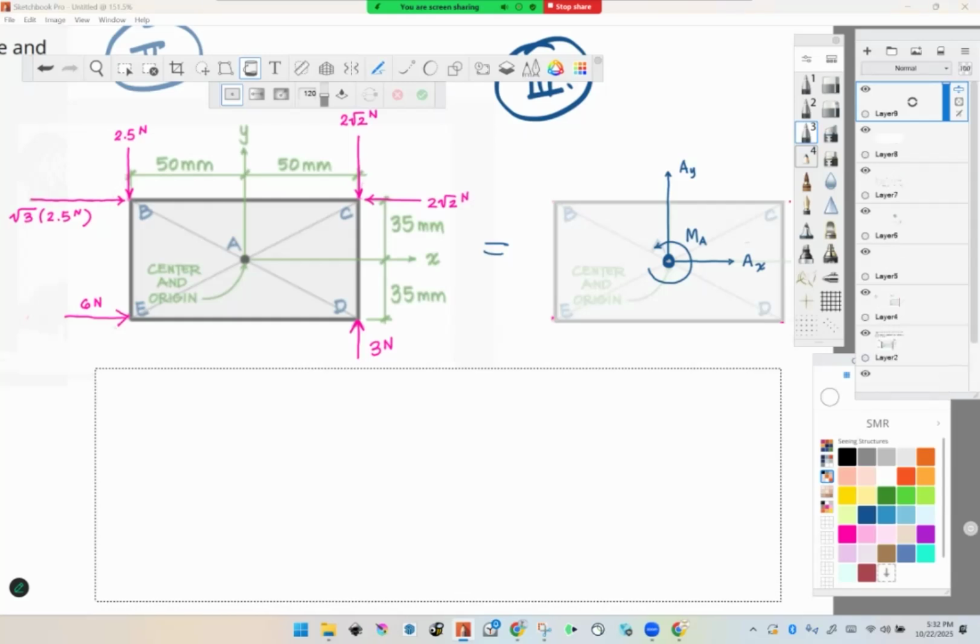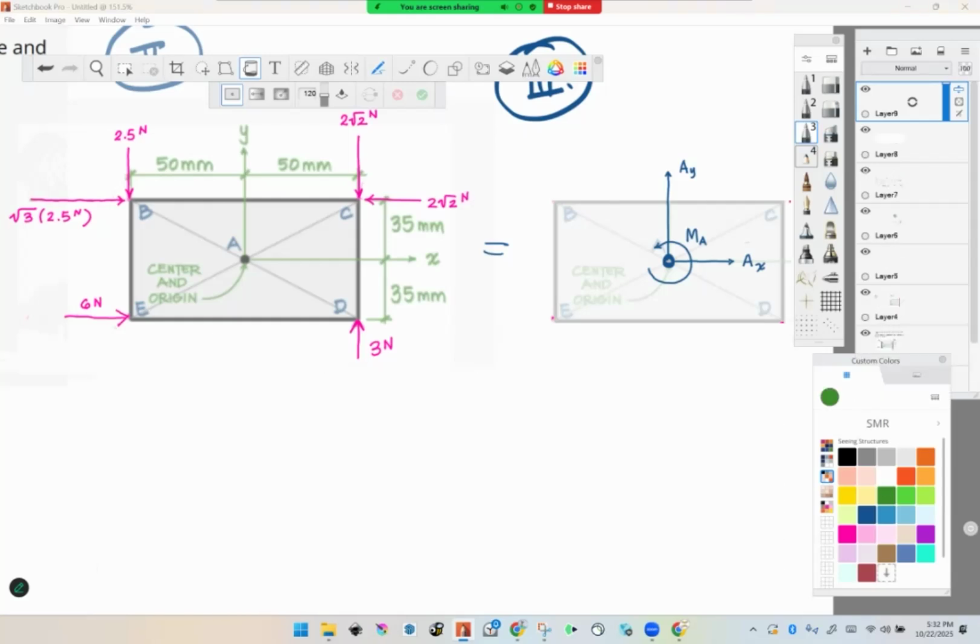Okay, so here's the final part of the problem. The summation of moments, and I'm going to pick A, in system 1 matches the summation of moments about A in system 2. I'm doing that because if I have errors on A x or A y, they will not affect my ability to get the correct answer for the moment about A. And now we just have a moment calculation to do.